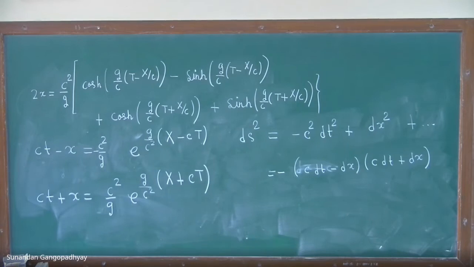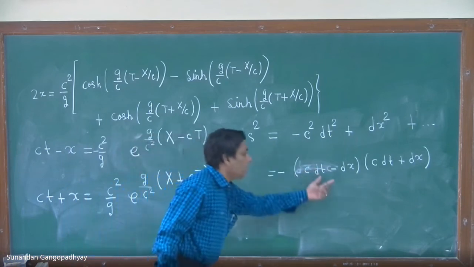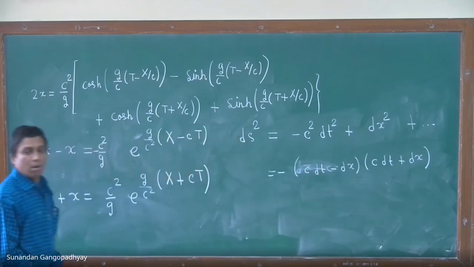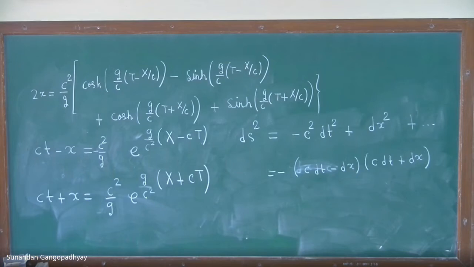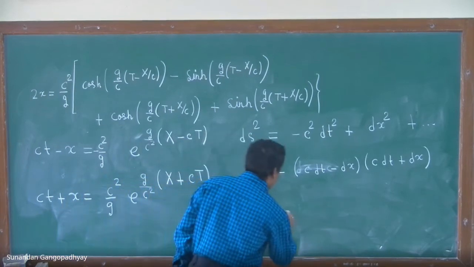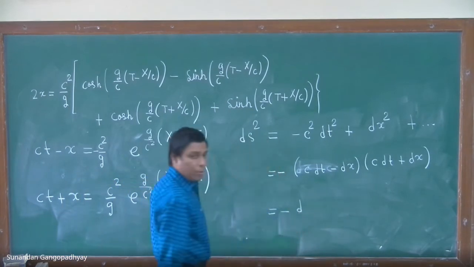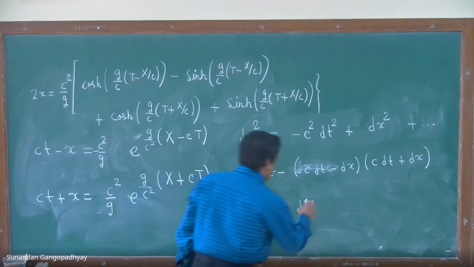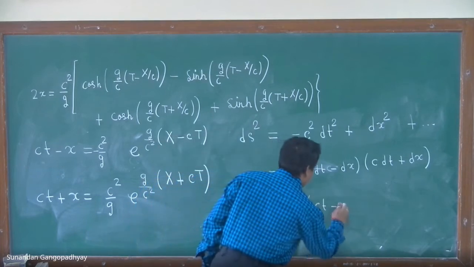Okay. And what we want to do is express this line element in terms of the regular coordinates t and capital X. This is our aim, and for that we have calculated this. This you can write in a very nice way. This is nothing but the derivative operator, d of ct minus x.